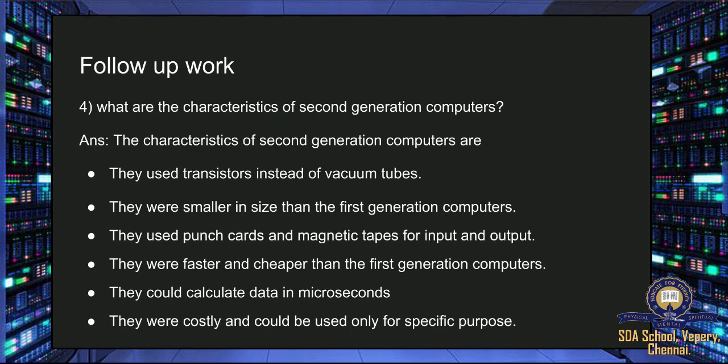Answer, the characteristics of second generation computers are: they used transistors instead of vacuum tubes, they were smaller in size than the first generation computers, they used punch cards and magnetic tapes for input and output devices, they were faster and cheaper than the first generation computers, they could calculate data in microseconds, they were costly and could be used only for specific purposes.